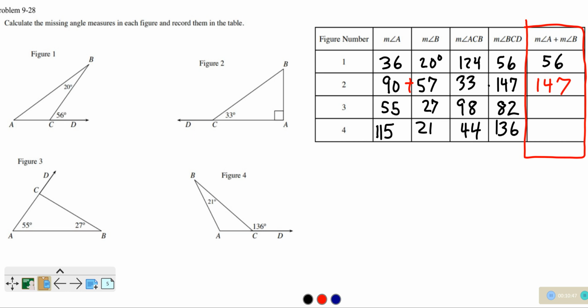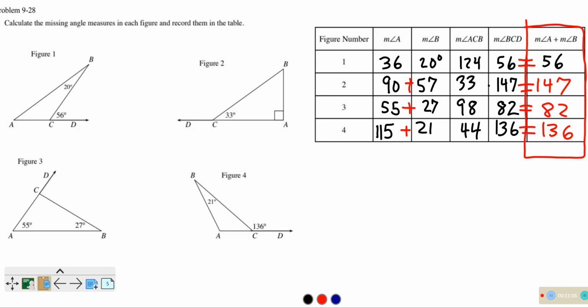I noticed that 55 plus 27 is 82. I noticed that 115 plus 21 is 136. And I noticed that each of these are equal.